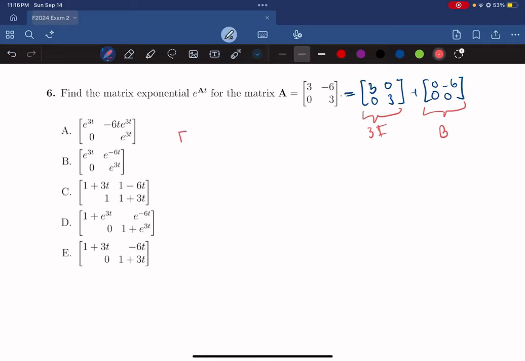And so the formula you should remember is e to the at equals e to the 3i plus b times t. So what that'll look like, this equals e to the 3i t times e to the b t.